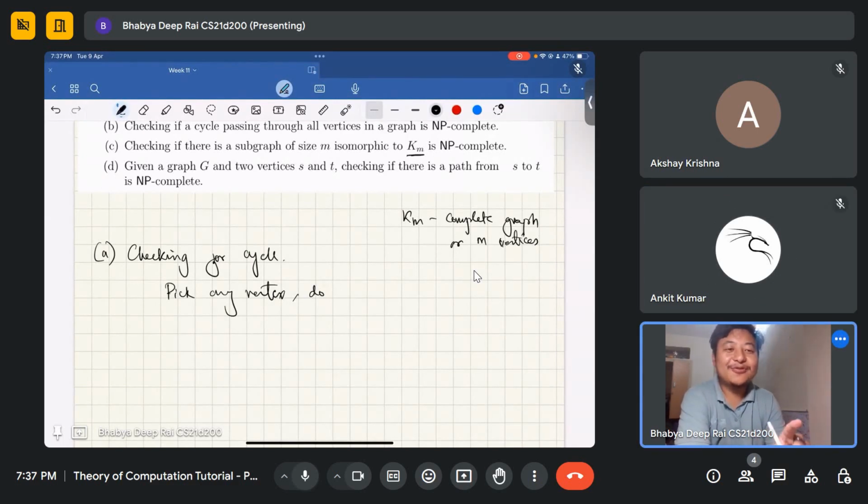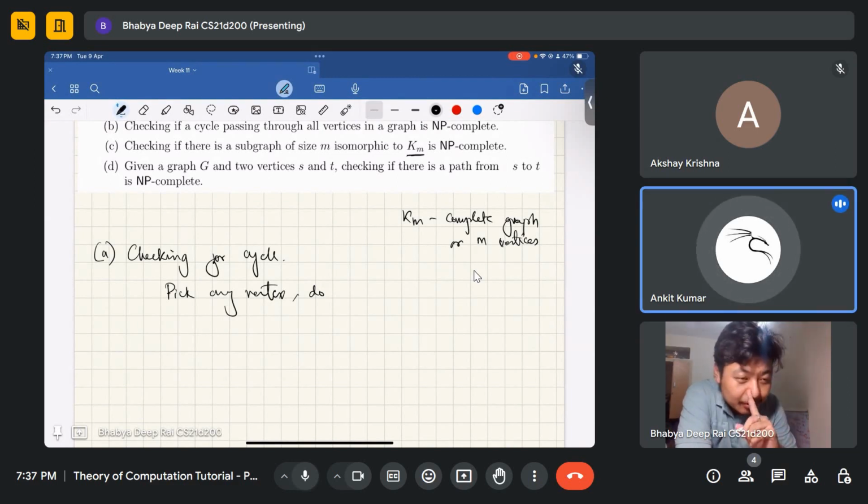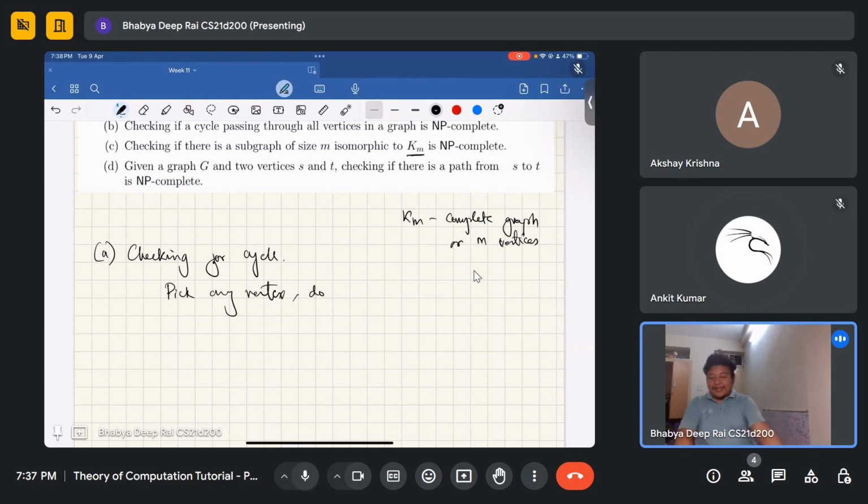But how do you know which path to follow? If there are multiple paths to go to the same vertex, let's call them u and v, then there is a cycle, right?